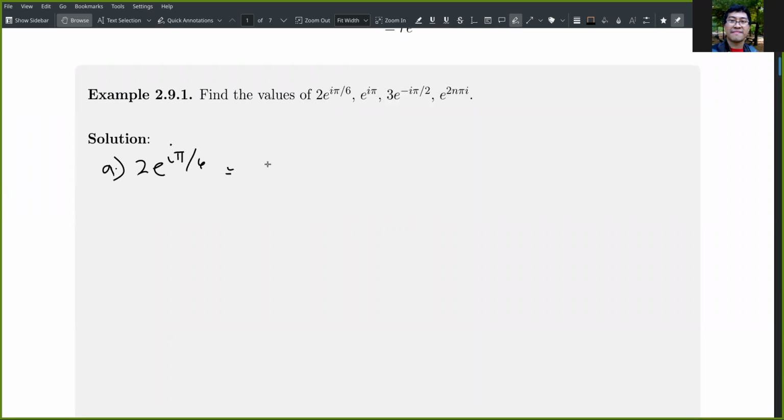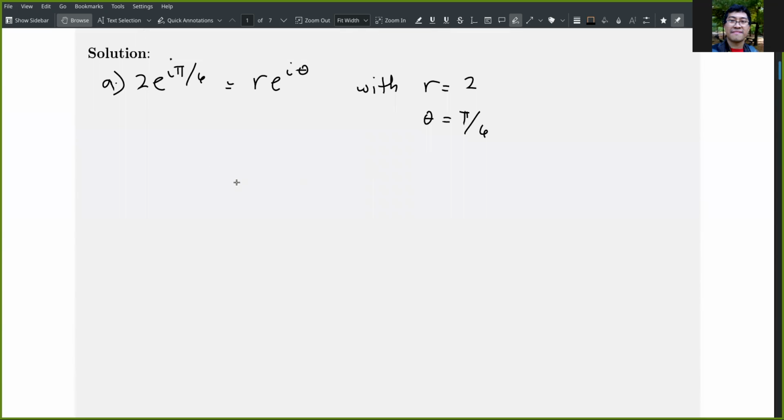Okay, this is written as r e to the i theta with r equals 2, and theta is equal to pi over 6.